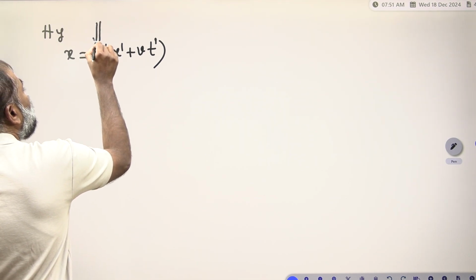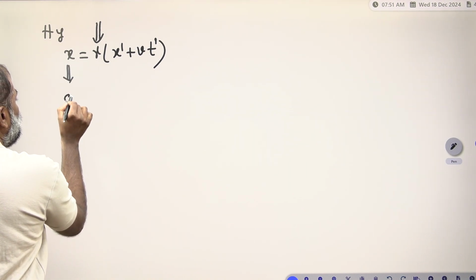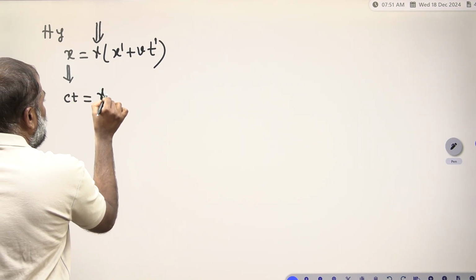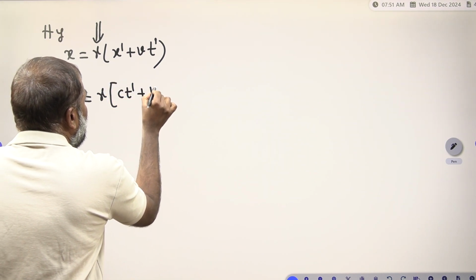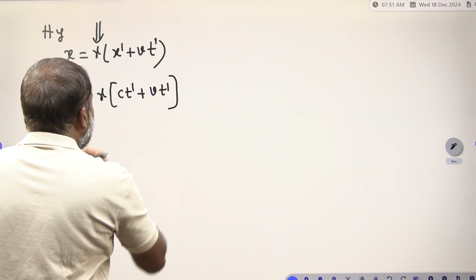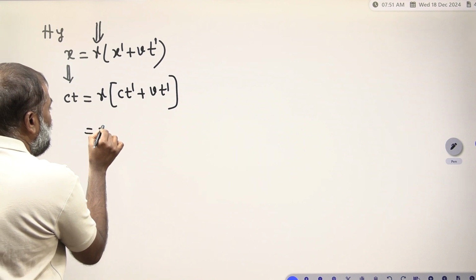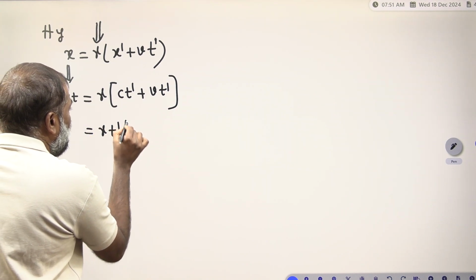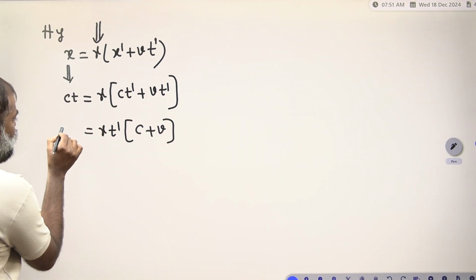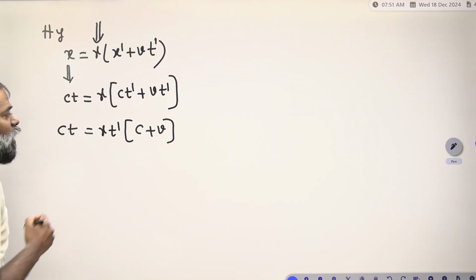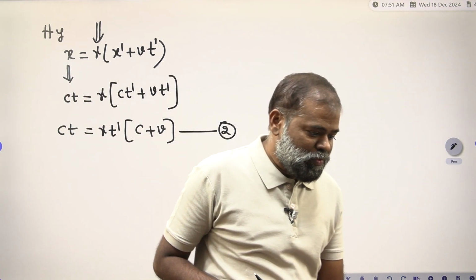I am multiplying by one factor. We know x is equal to ct, which is equal to gamma into x dash plus v into t dash. So, therefore, you have to take the common t dash, here c plus v is there, which is equal to ct. So, this is equation number 2.